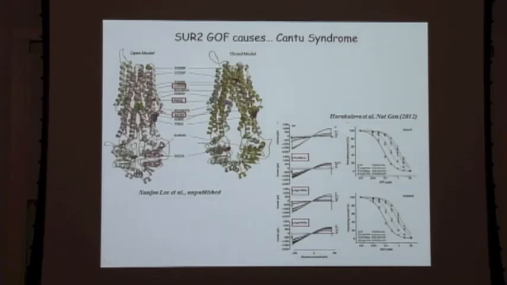So SUR2 gain of function causes Cantu syndrome. Do we know it's a gain of function? Well, the only evidence from those first papers was that when they expressed these SUR2 mutations with Kir6.2, for technical reasons which I'll come back to, they saw a gain of function in the generated channels, which are less sensitive to ATP than wild type.